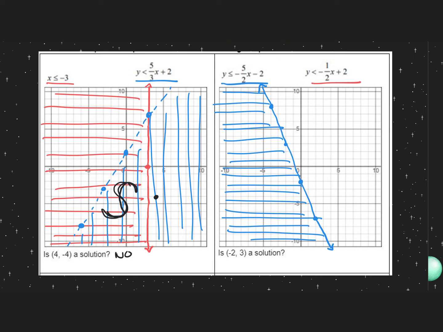All right, my second equation, I have a y-intercept of 2. I'm going to go down 1 and to the right 2. To finish off, up 1 to the left 2.